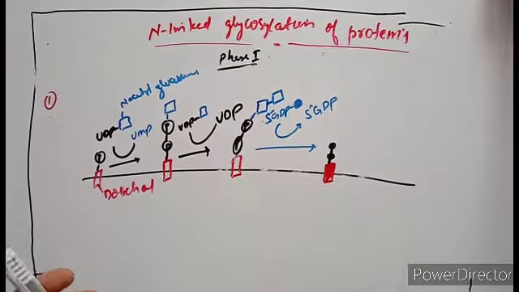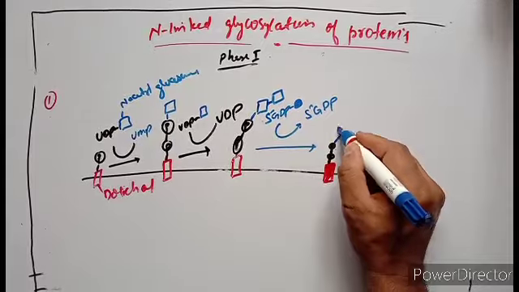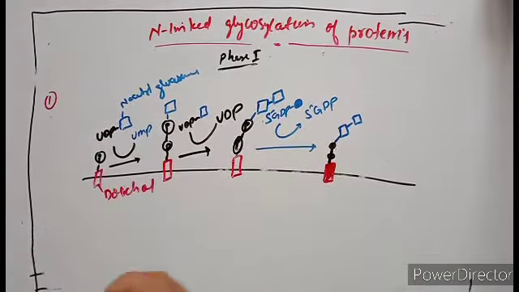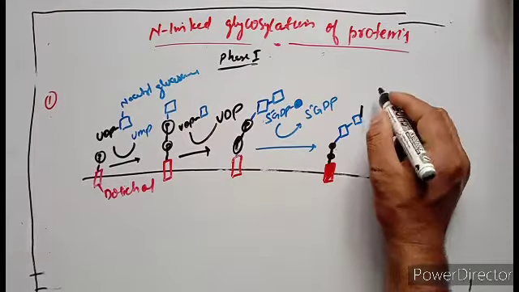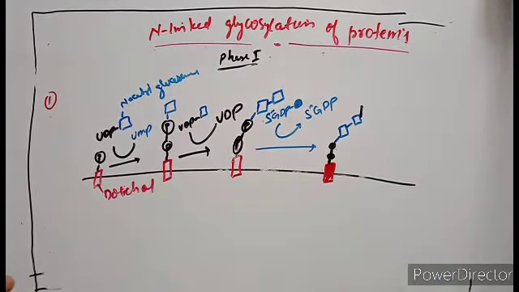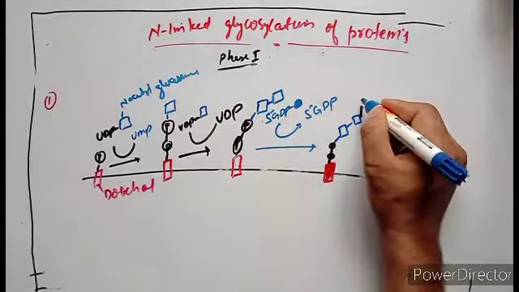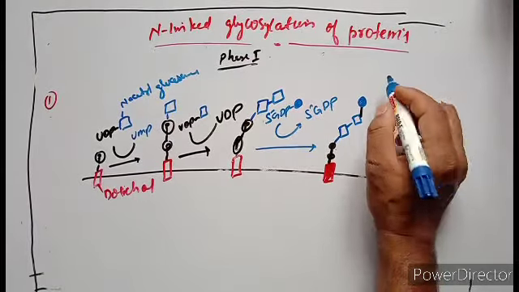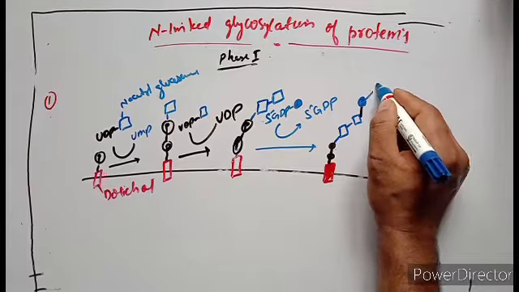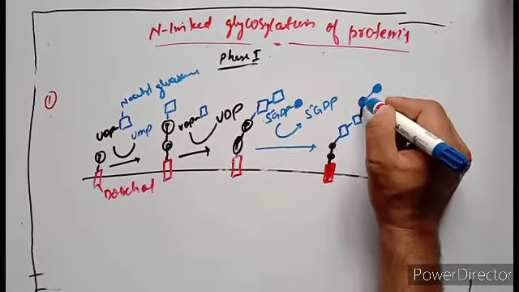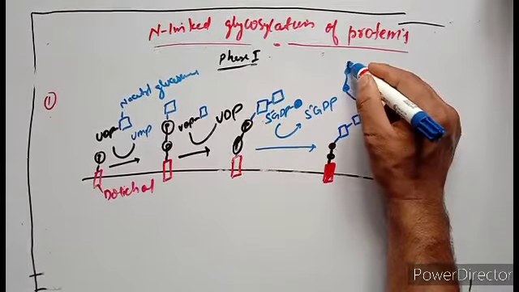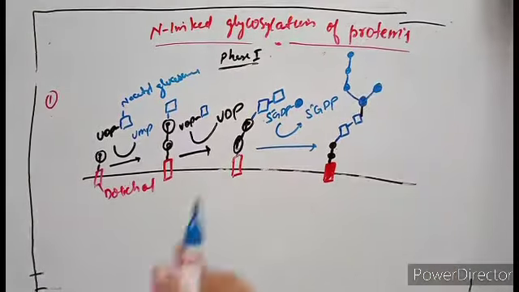Two phosphate bonds attached with two N-acetyl glucosamine. Now 5 mannose are added on this structure: 3, 4, 5.